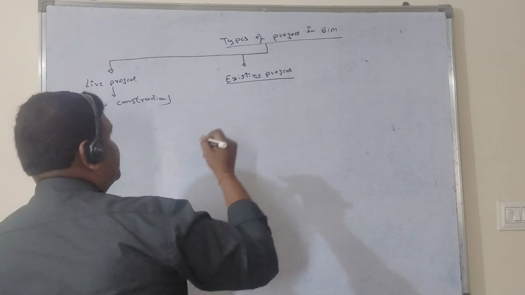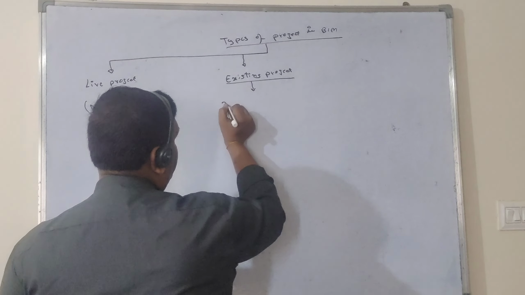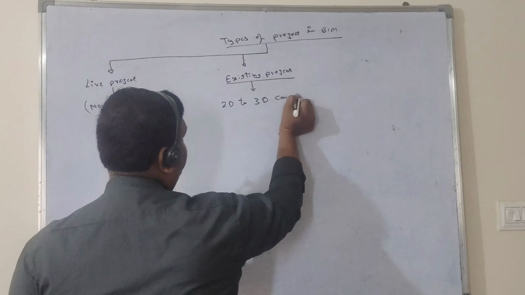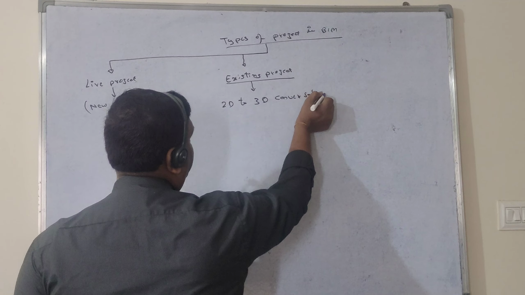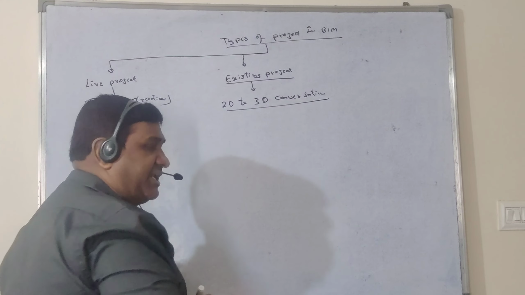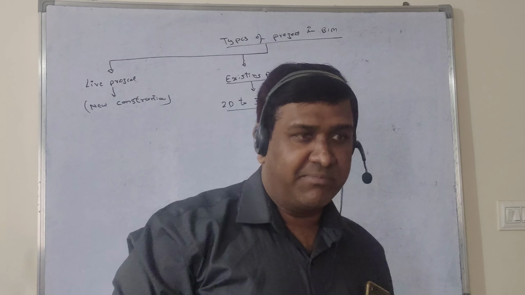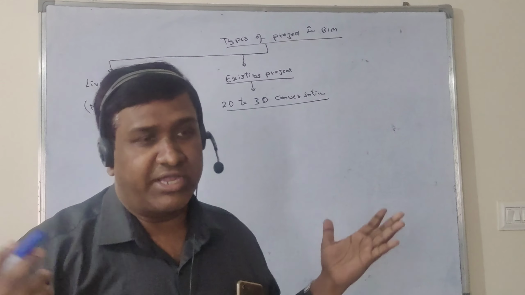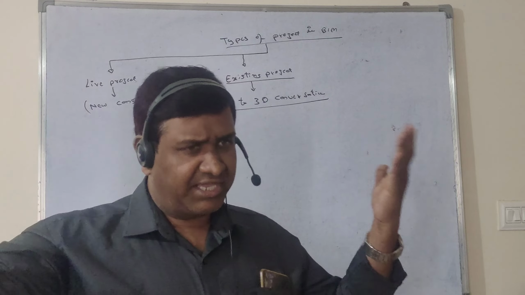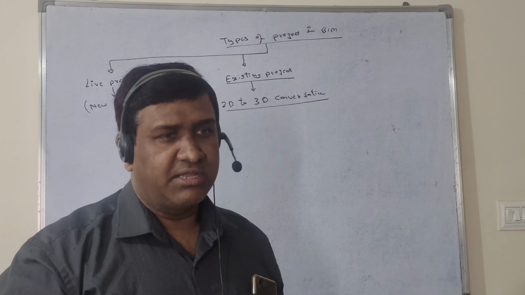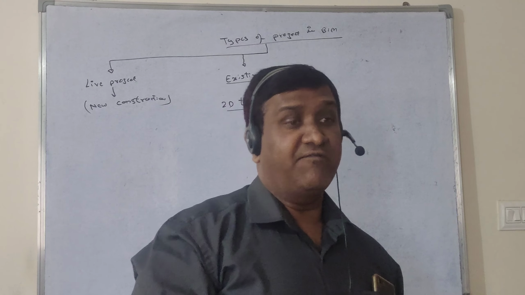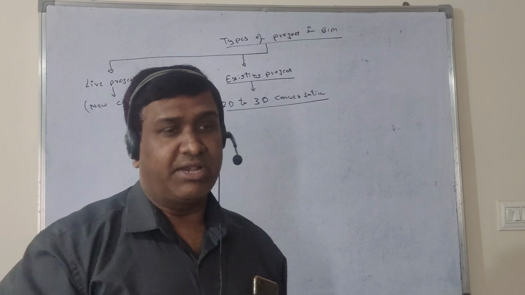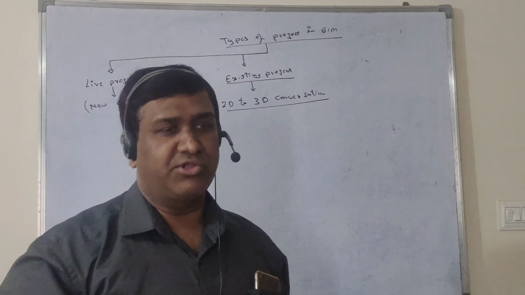This type of project, the existing project, we will call 2D to 3D conversion. 2D to 3D conversion means that before BIM entered the market, many companies worked in 2D, like AutoCAD. Some other 2D tools also exist. Some companies still work in MicroStation, which is also a 2D tool like AutoCAD, where 2D line diagrams are produced.